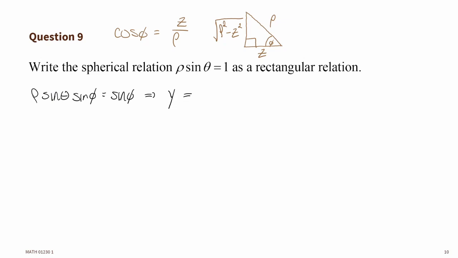In terms of right triangle trigonometry, what is sine? Opposite over hypotenuse. What is rho squared going to be, though, in terms of x, y, and z?